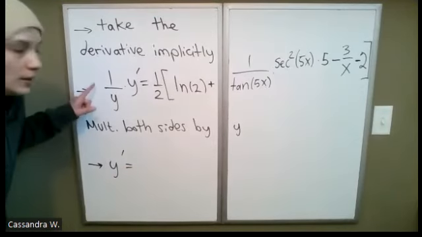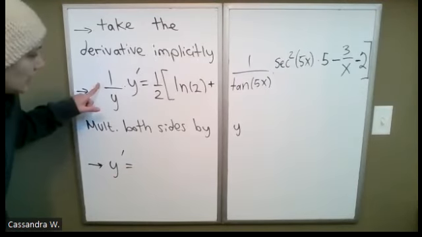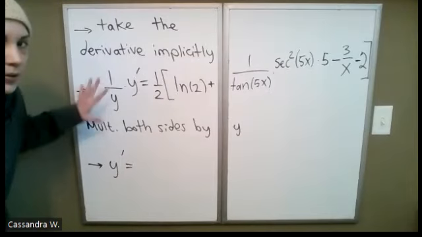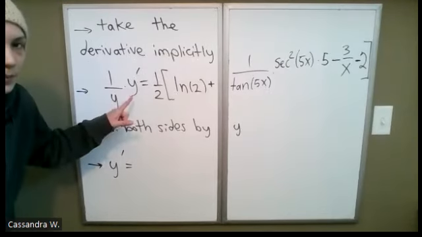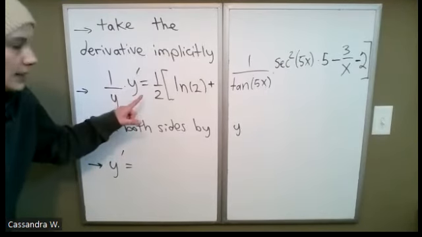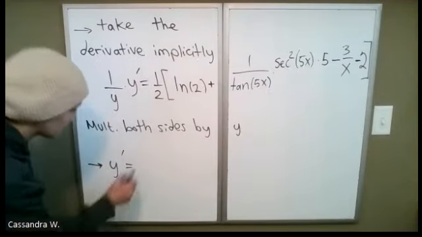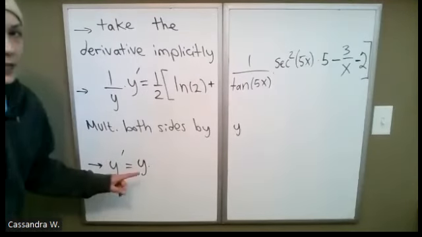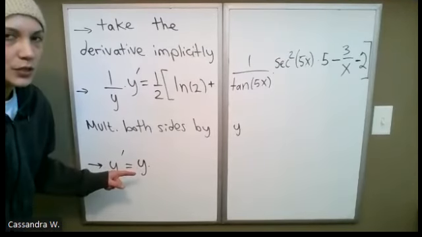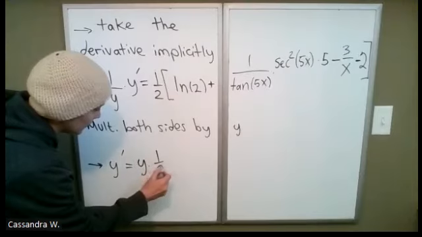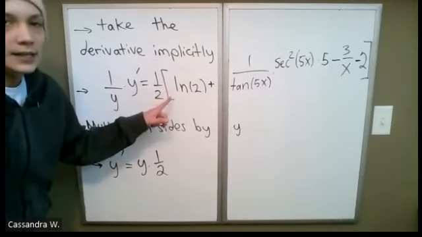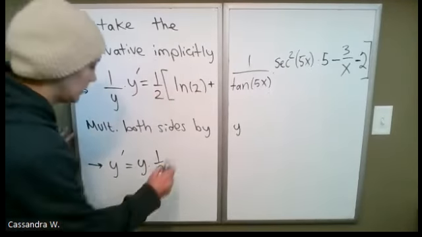Okay, so when I multiply this side by y, the y times 1 over y reduces and leaves y prime. So I've got my y prime. On this side, I multiply this side by y. And then there's the 1/2, which we'll just copy down. And then inside here is ln of 2.